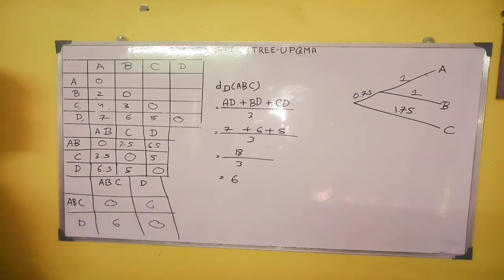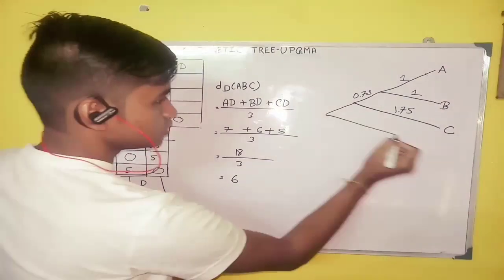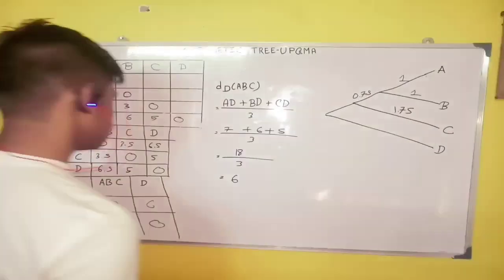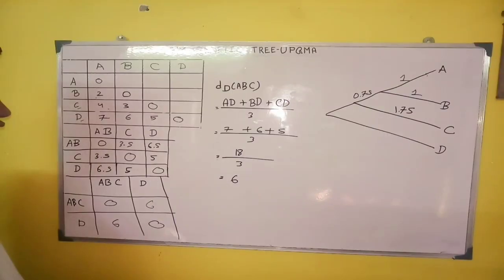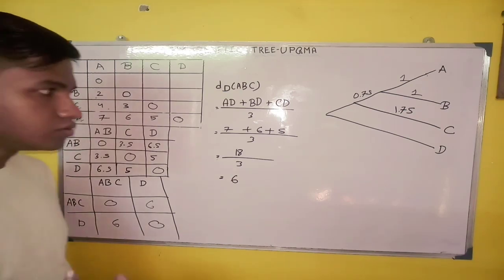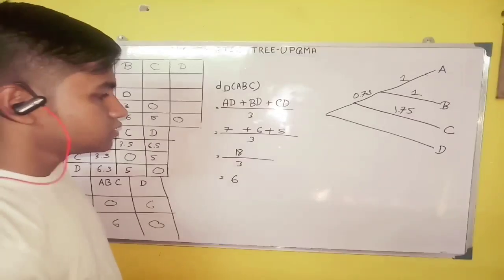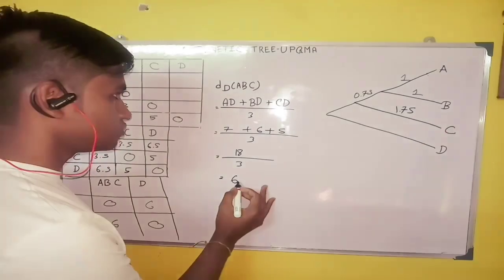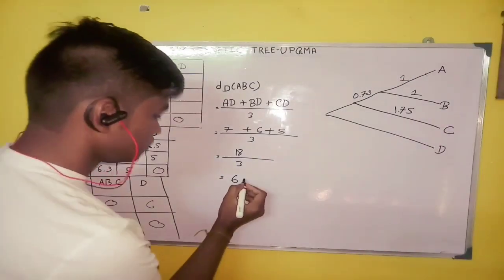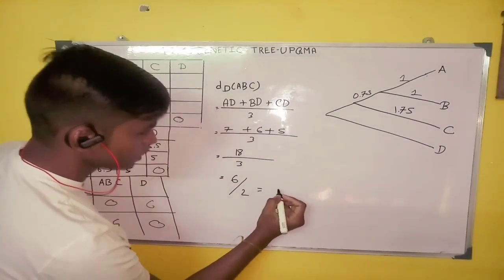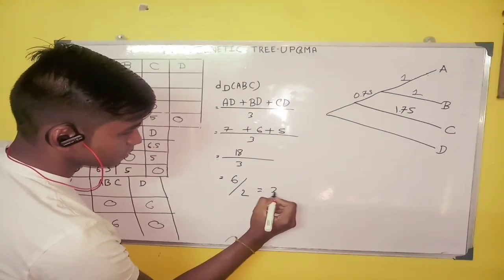Here also 6. But now when we write the root D, the last root of this phylogenetic tree, we have to know that D has the 6, which will be shared by both sides. So we divide it by 2 and we get 3.